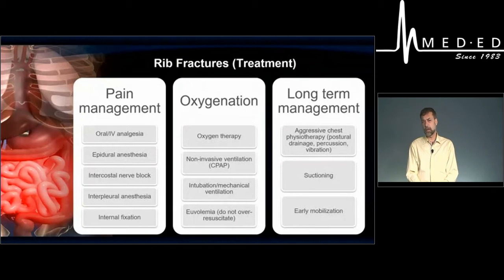Now, one thing I am going to talk about here that you're going to hear me talk about several times throughout this chest lecture is the concept of euvolemia, which just means normal volume. Now, if you've watched the special considerations module of this series, I talk about the importance of aggressive fluid resuscitation for hypovolemia, and I don't want to minimize that.